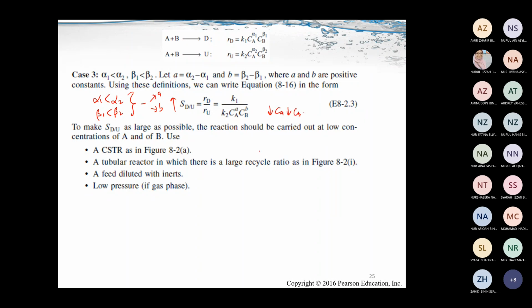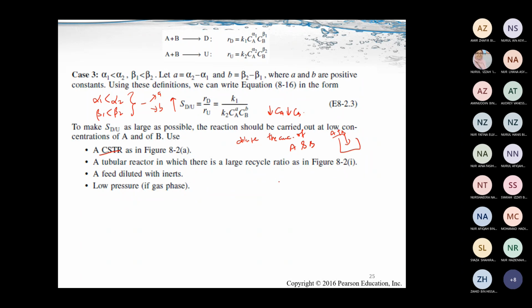Alright, so macam mana nak guna low CA and CB? Kita kena guna CSTR lah. Alright, so CSTR ni kita boleh letak dilute. Dilute the concentration of A and B. Okay, so kita boleh dilutekan lah, masukkan dia A and B here, kita dilutekan dia, kita cairkan dia.